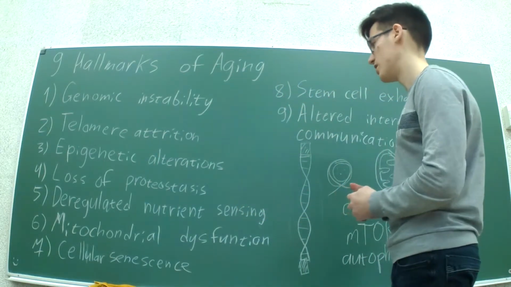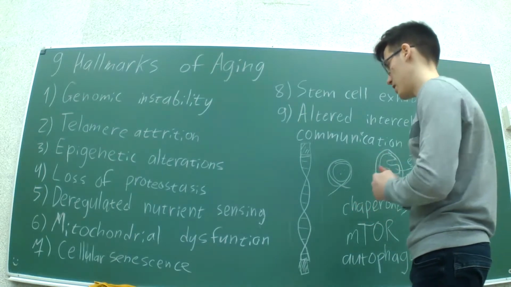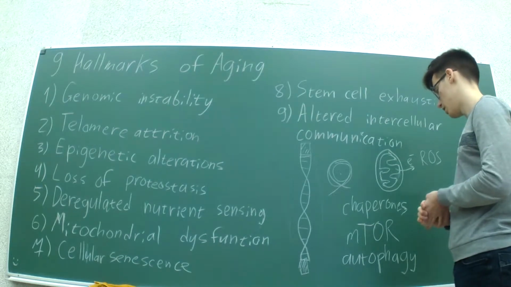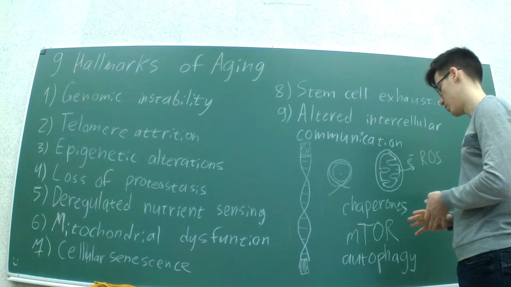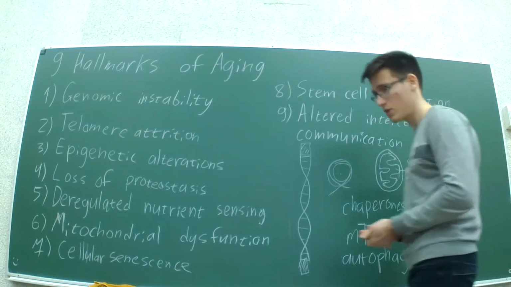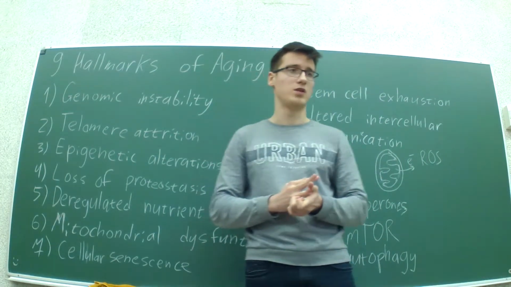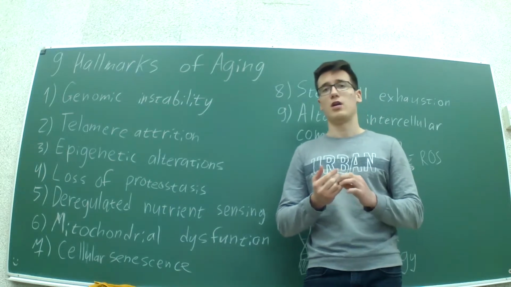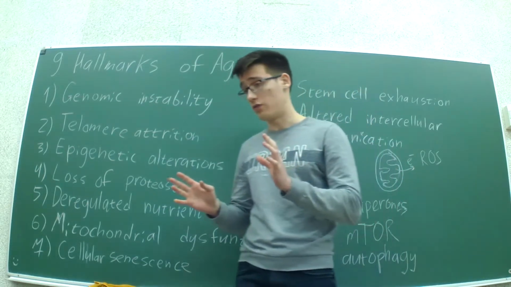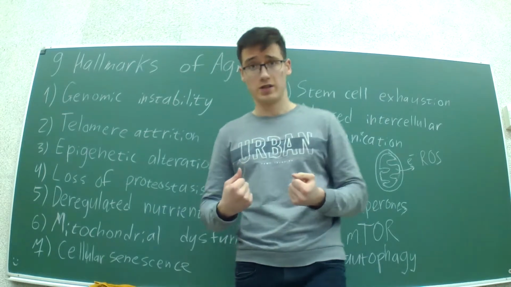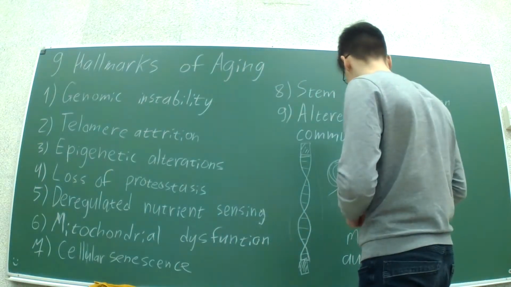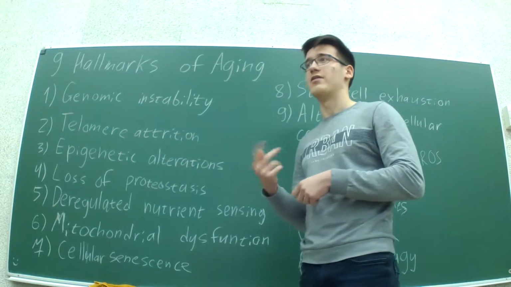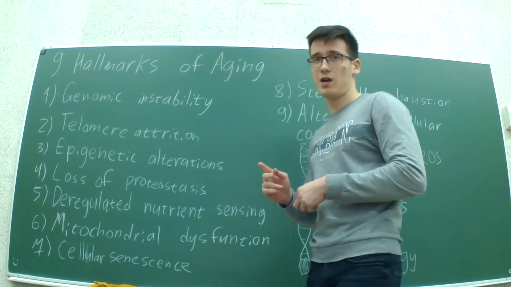Fifth hallmark is the deregulated nutrient sensing. And here, this hallmark is exemplified really well by a protein called mTOR. So mTOR is a small protein which is involved in a rich repertoire of regulatory pathways, and its activity is increased when there are a lot of nutrients around.